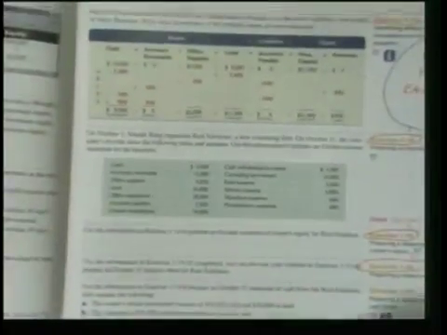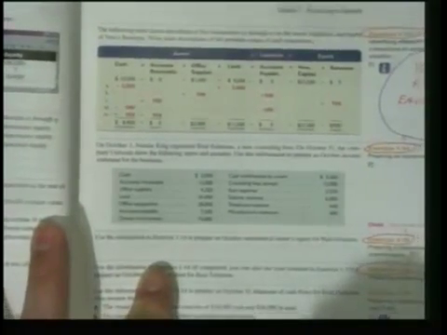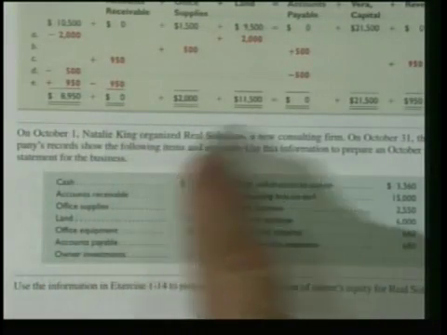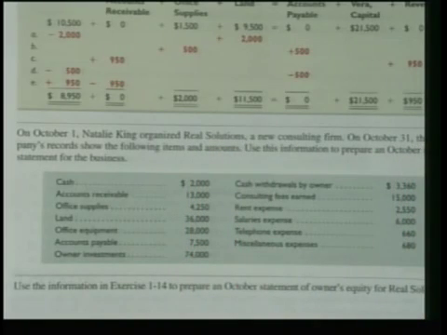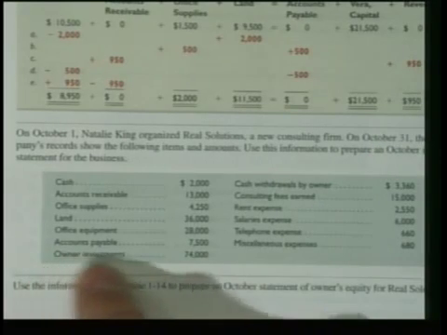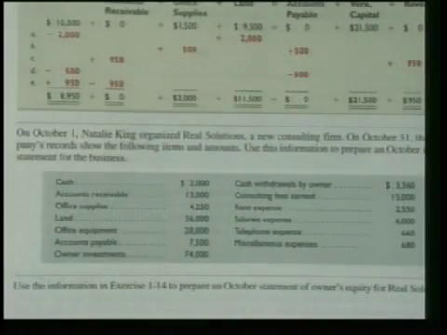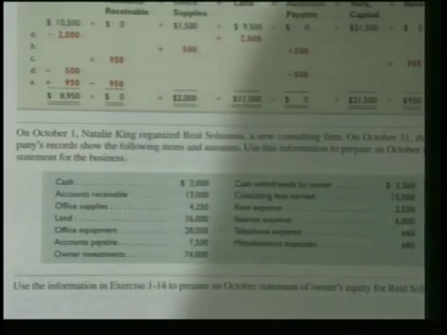This is exercise 1-14. See this owner investment 74,000? Okay. Let's just read through this. On October 1st, she organized Real Solutions. And then you're going to prepare financial statements as of October 31st. You with me? Okay, see this owner investment 74,000? Let's just assume that she made that on October the 2nd. Are you with me?